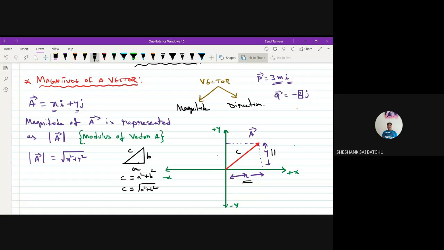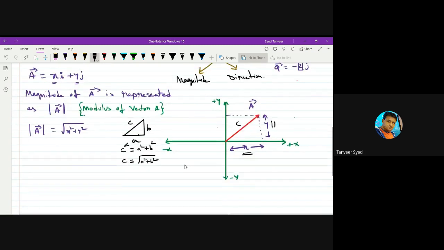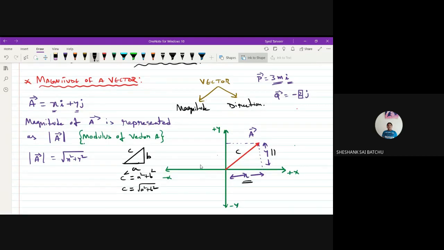Sir, that means A is equal to x plus y only, no, sir? How do you get that? If we cut the square root, sir? To cancel the square root, you should take the square here. Root of x square plus y square is not equal to x plus y.